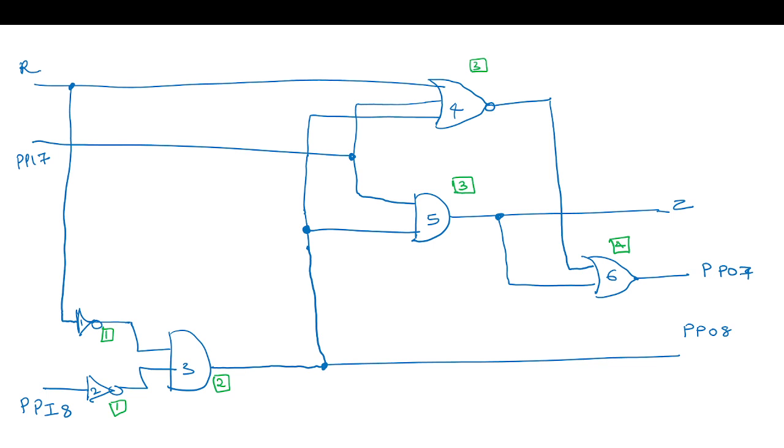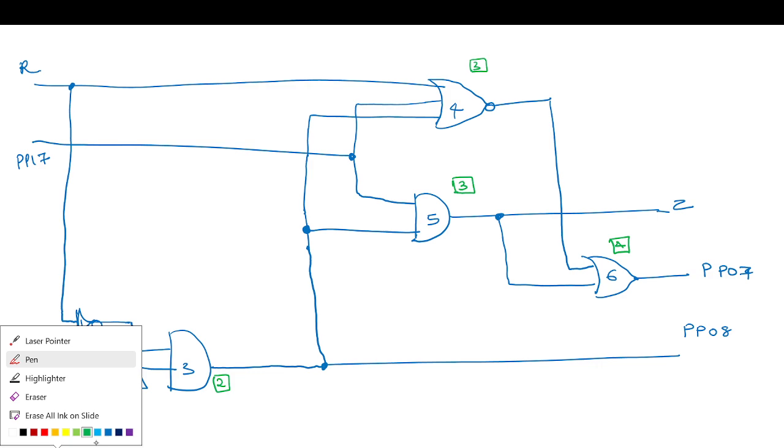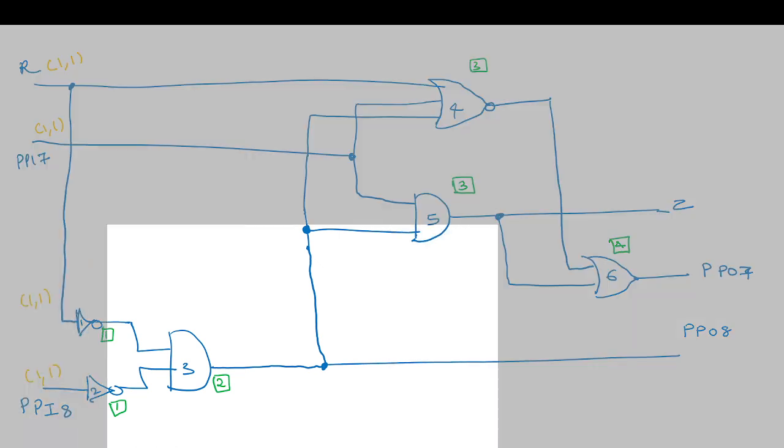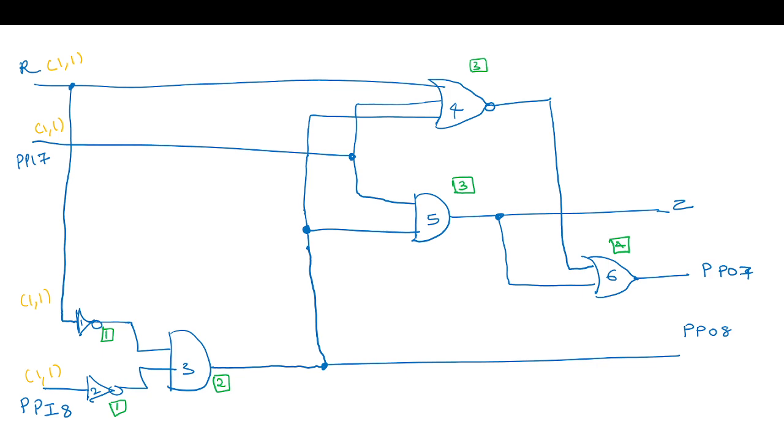Now let's start the controllability and observability for this. To start with, all the primary inputs need 1 to control them. So this will be the combinational controllability.